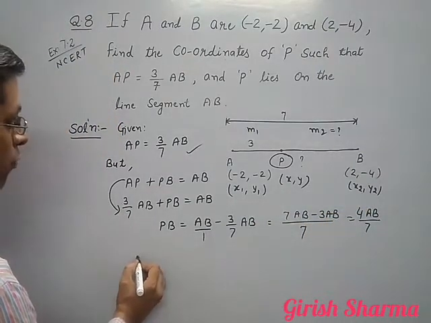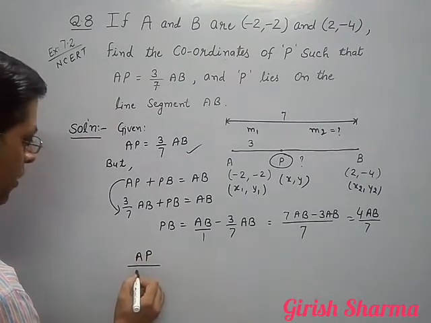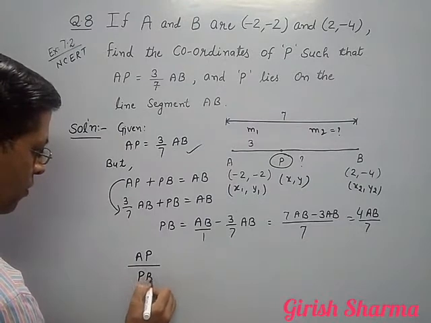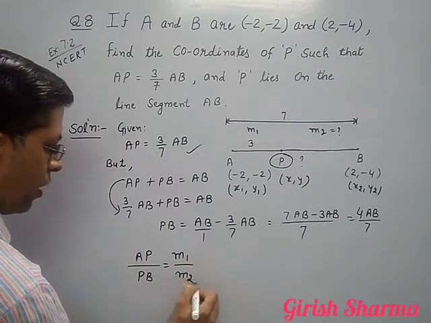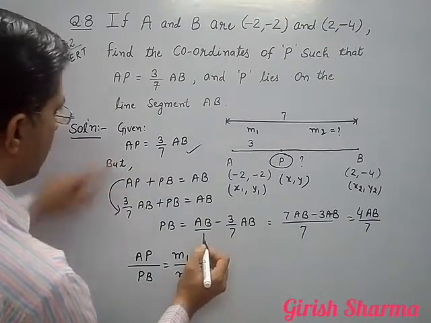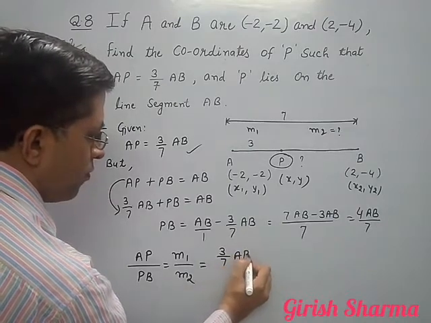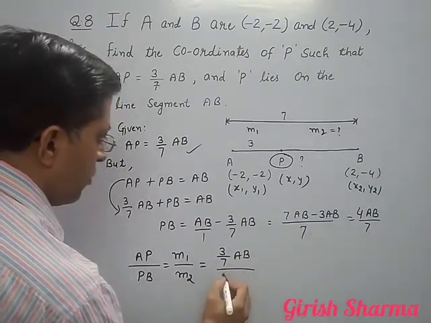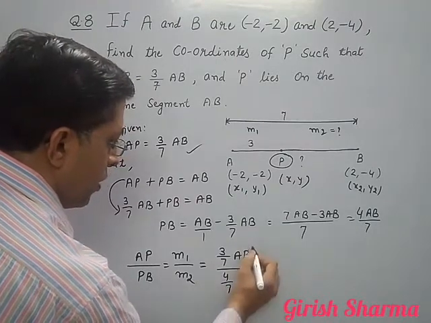Now what I have to find? The ratio of AP and PB, I can say m1 upon m2. AP is given to you as 3/7 AB, and PB is 4/7 AB.